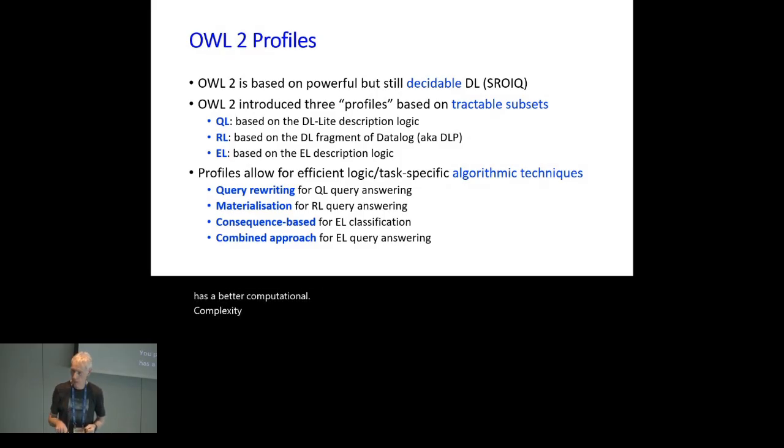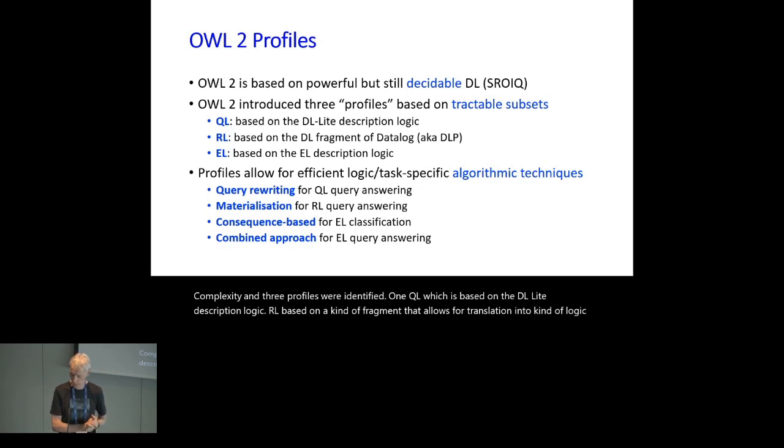And 3 profiles were identified. One, QL, which is based on the DL-Lite description logic, RL, based on a fragment that allows for translation into logic programming rules, and EL, which is based on another description logic I already mentioned.